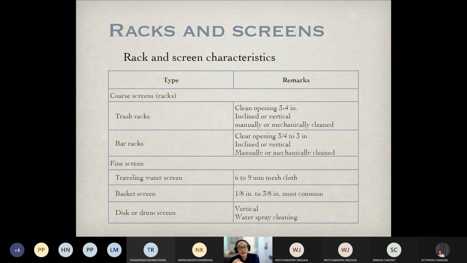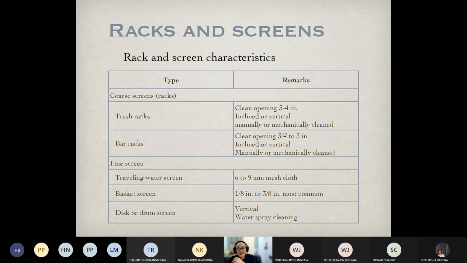Okay. There are two types of the drums, so it could be a vertical drum or other types of the drums. But anyway, for the details of the racks and screens, there is only one issue relevant to the racks and screens, which is the head loss.